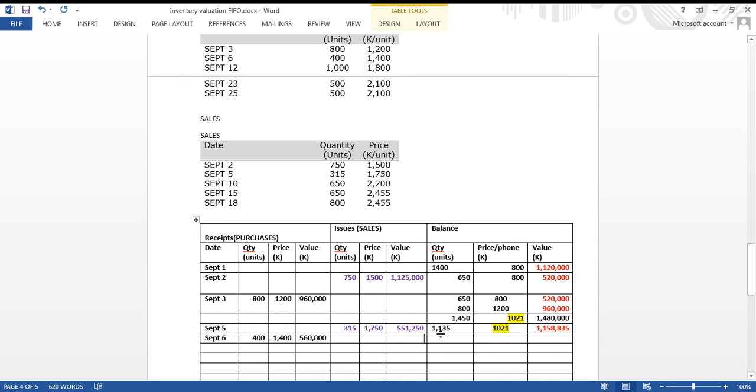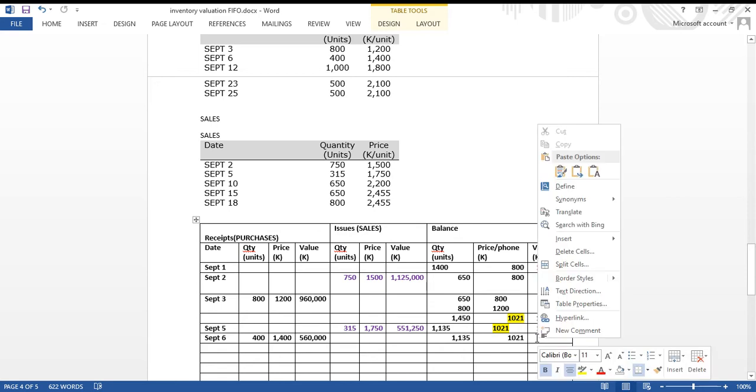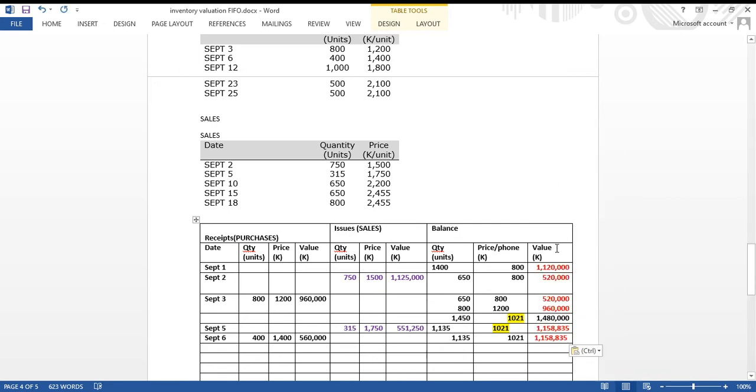So here we've got 1,135 units going at 1,021, and we put our amount here, 1,158,835. Then 400 units at 1,400, and we put here 560,000.